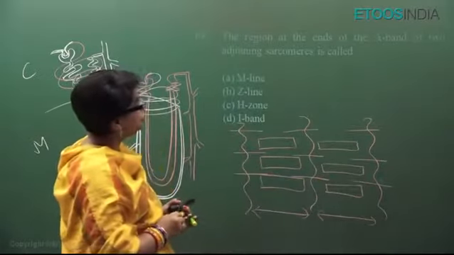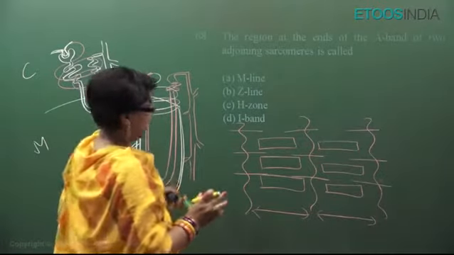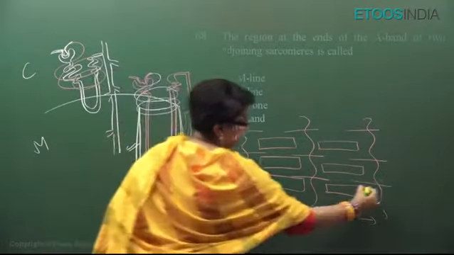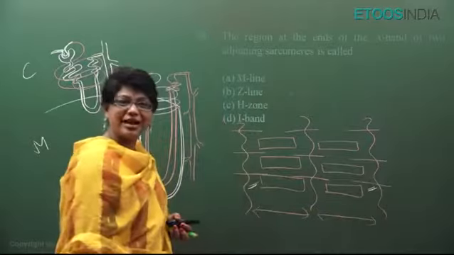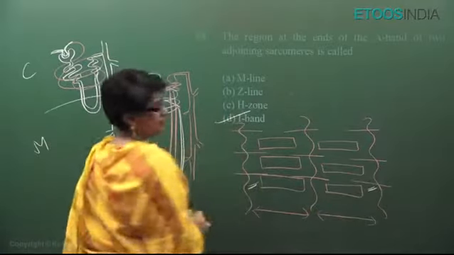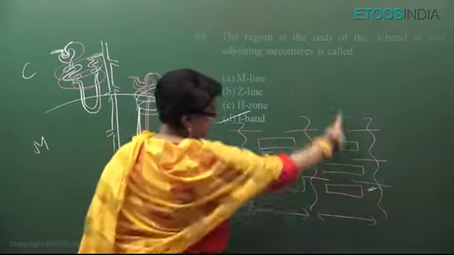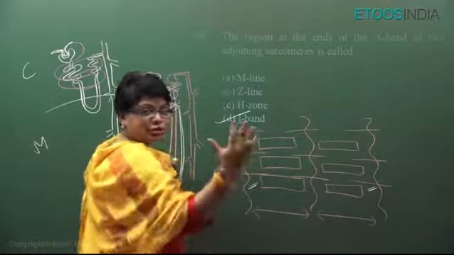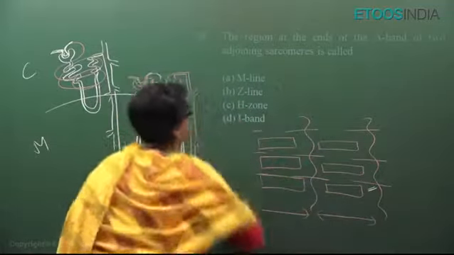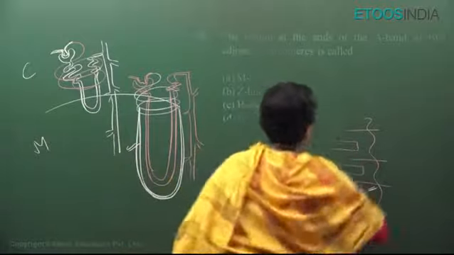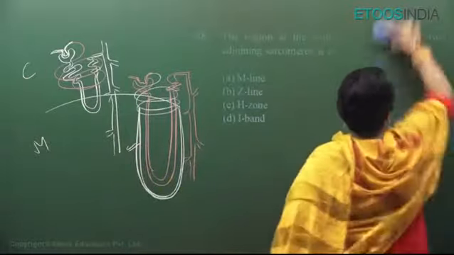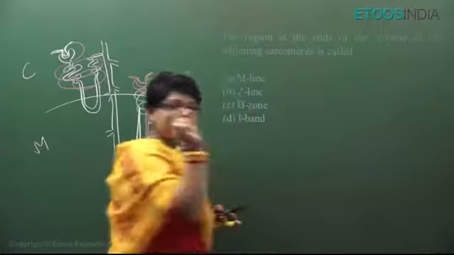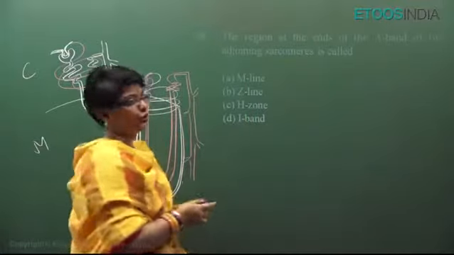Now they are saying the region at the ends of A band. The ends of the A band, this is what? I bands. Right? M line is here, Z lines are here, H zone is in the center. So at the ends, it is the I band having only actin filaments. A band has myosin plus little overlapping actin also.